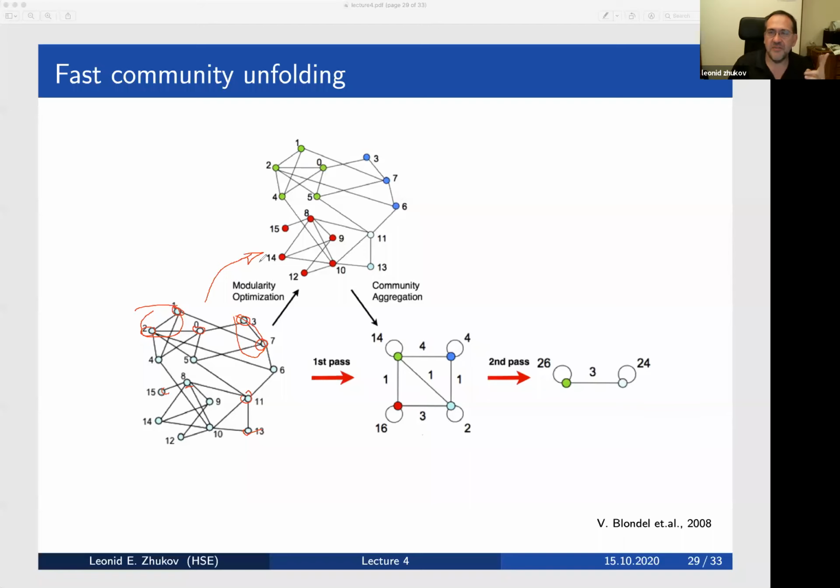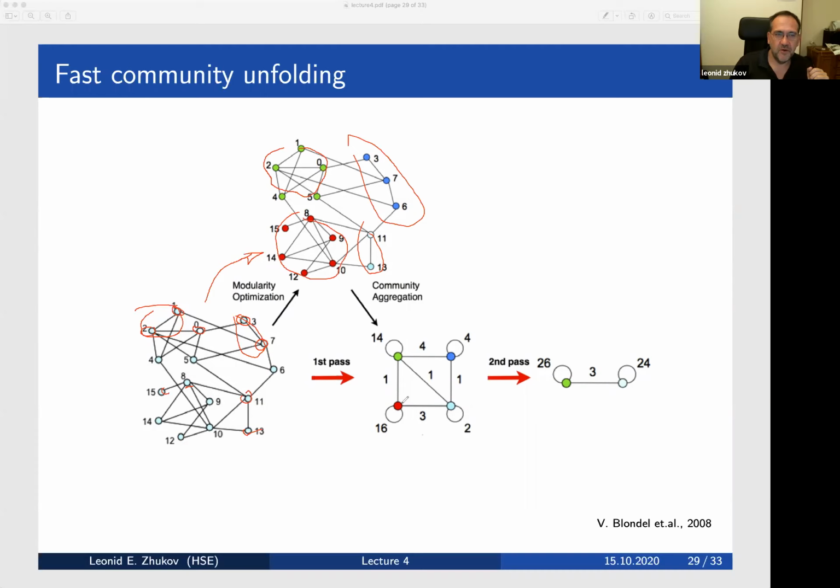So that's the first phase of the algorithm, merging nodes into communities. Then there's a second step where I take all the nodes that belong to one community, here they are, and aggregate them into supernodes.